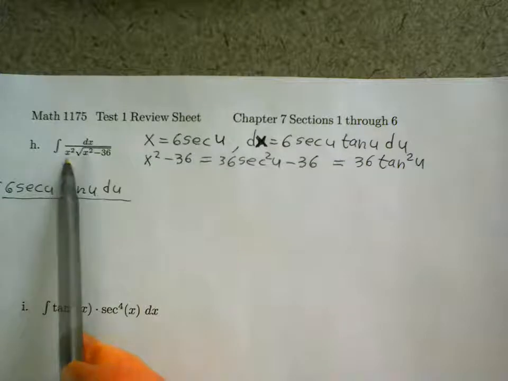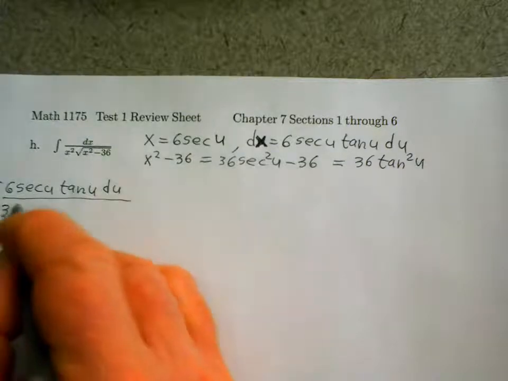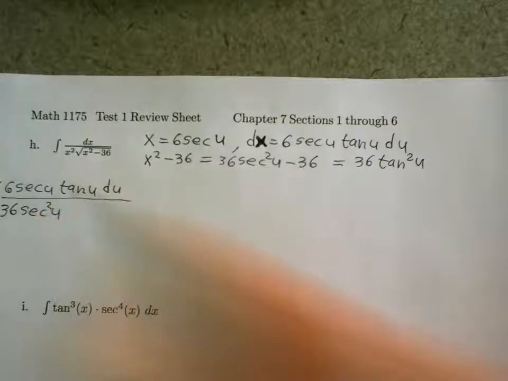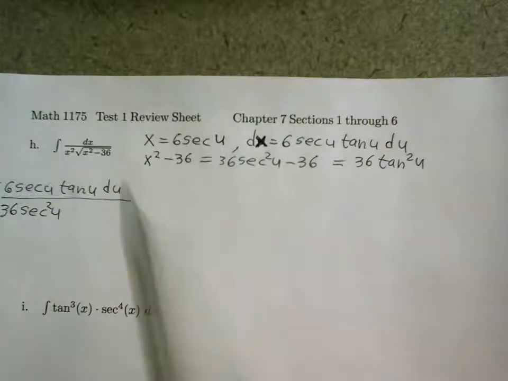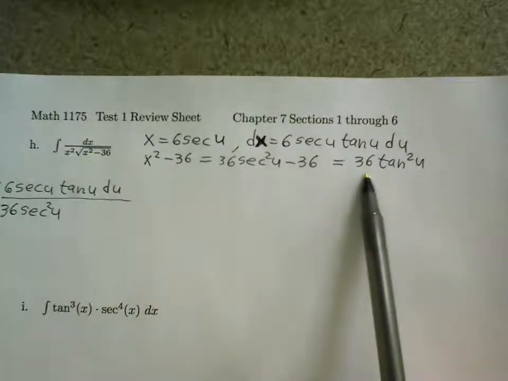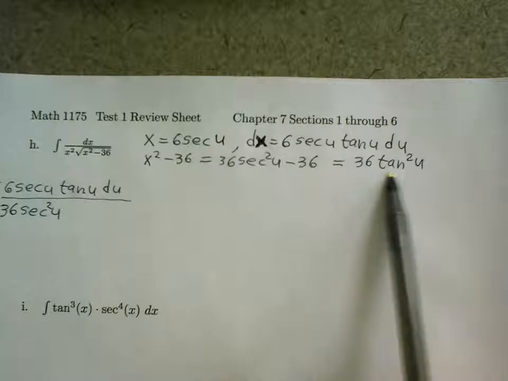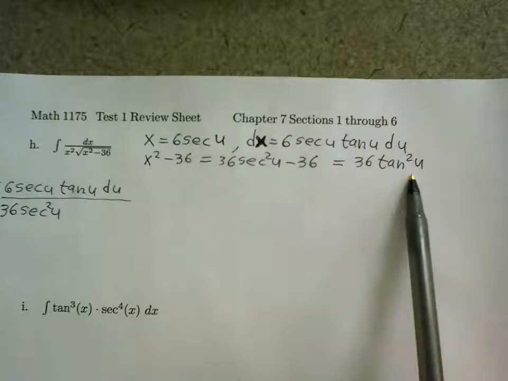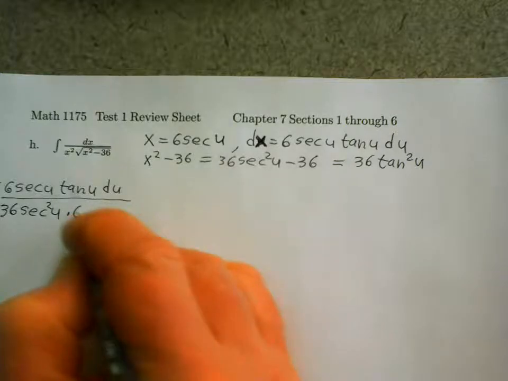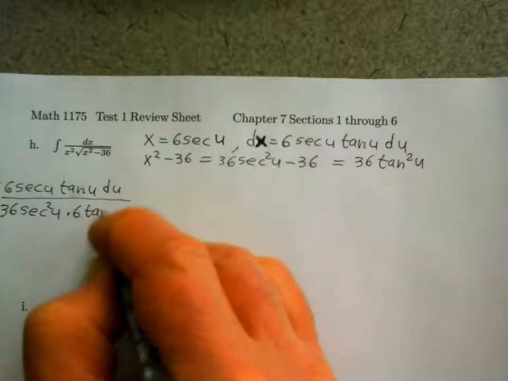Replace x squared with 36 secant of u squared. And then we're going to compute the square root of 36 tangent of u squared. So the square root of that is 6 times tangent of u.